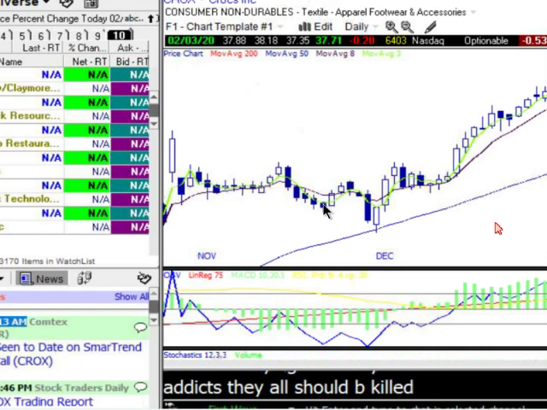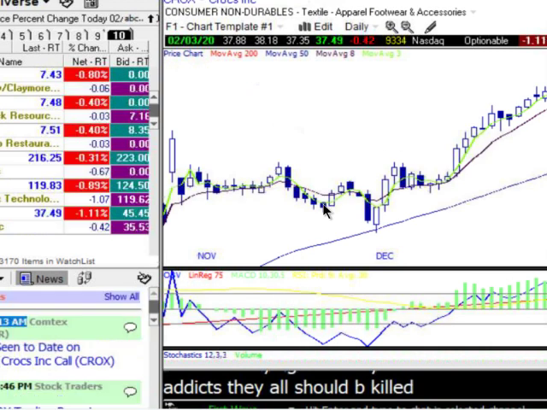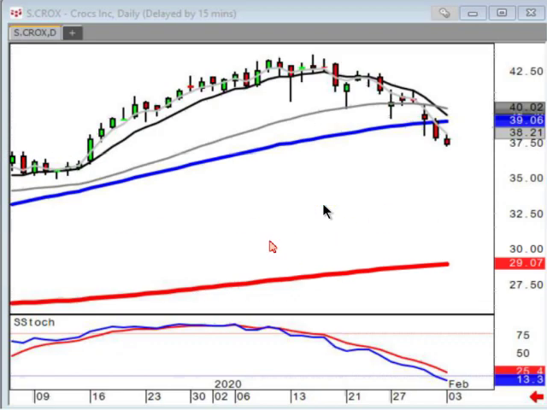CROX. Nothing right now. Remember, just because MACD is down big doesn't mean it's about ready to reverse. It's just telling you that it's down big. So, yeah, MACD is a lagging indicator.